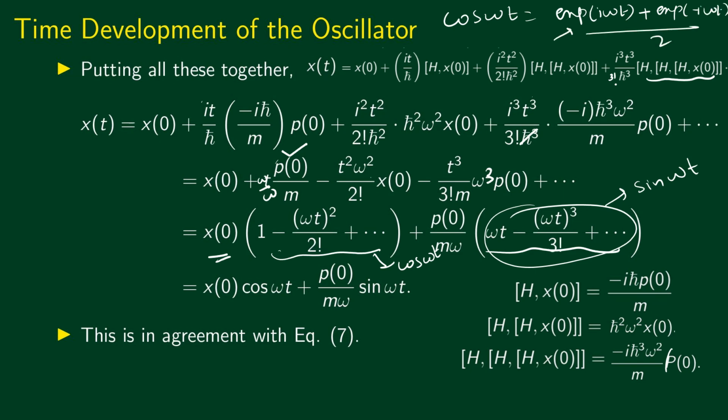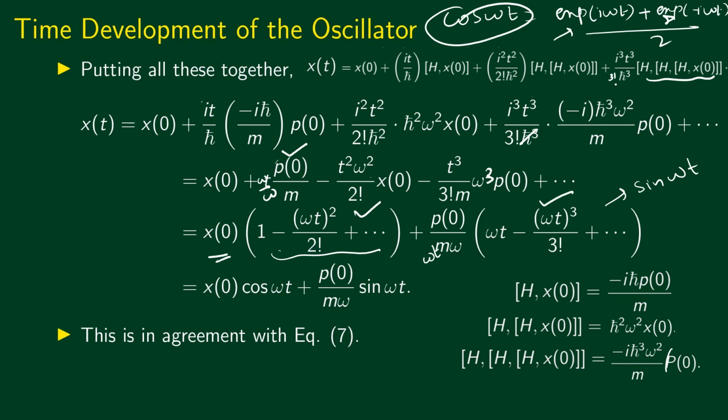You just use the series expansion here and show that the series expansion for cos omega t reduces to this thing. Similarly, the series expansion for sin omega t is this thing. So finally we have this is equal to x of 0 multiplied by cos omega t. Okay, and this is p of 0 divided by m omega multiplying sin omega t, which is exactly the solution that we had obtained earlier by solving the Heisenberg equations of motion.